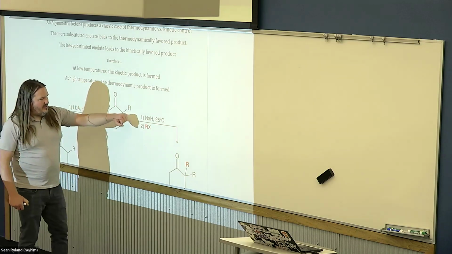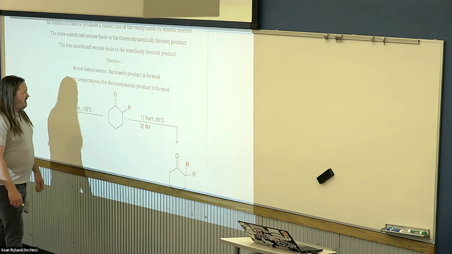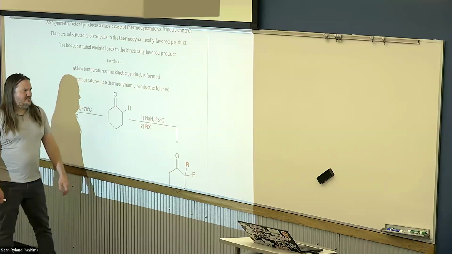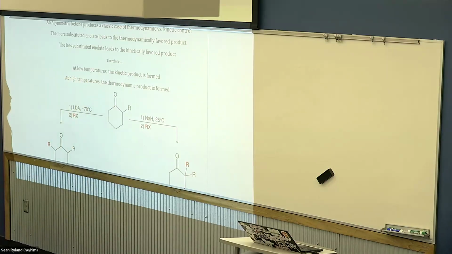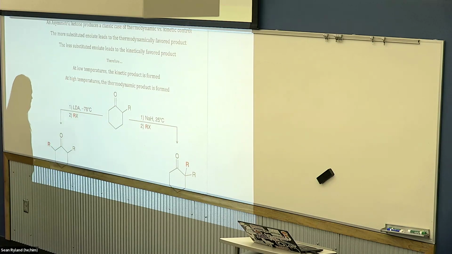You can just do it at room temperature. And really, I think you could use LDA here, but for whatever reason, they have it listed as sodium hydride. So maybe there's some consideration I'm not thinking of right now for why I'd use sodium hydride at high temperatures and LDA at low temperatures. But I think they're interchangeable, as it's more the temperatures that matter.